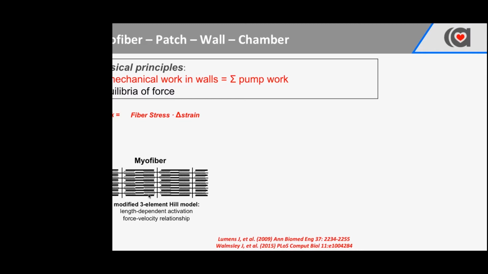As you might know, the area of a pressure volume loop is indicative of the amount of external work that is performed by a ventricle. But in general, if you have a loop of myofiber strain versus myofiber stress, then that area is also indicative of the amount of work performed by that myofiber per volume.